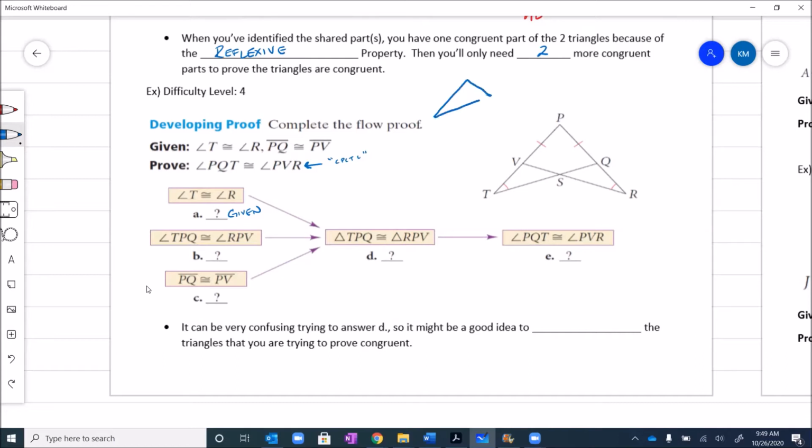And the reason I do that is as I'm trying to identify why triangles are congruent, I will want to make sure that I can visually see what is happening.